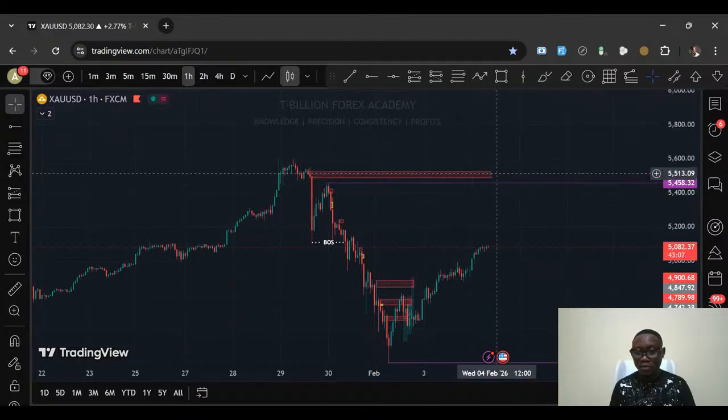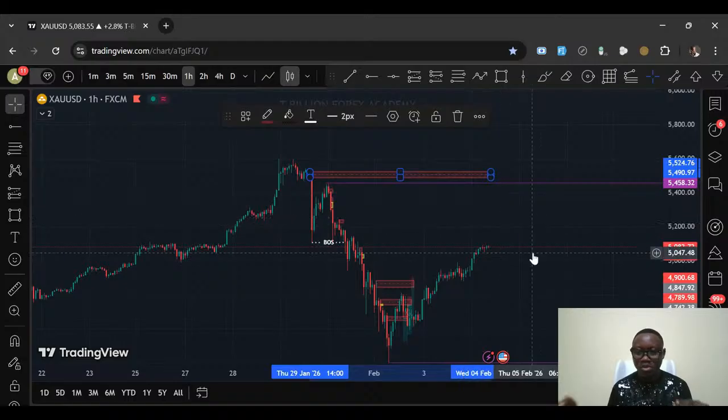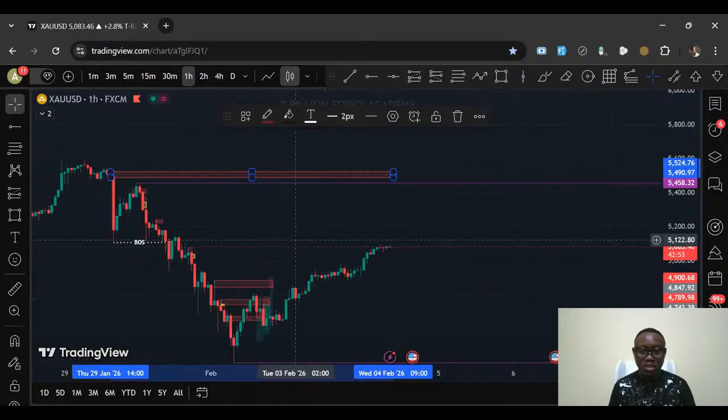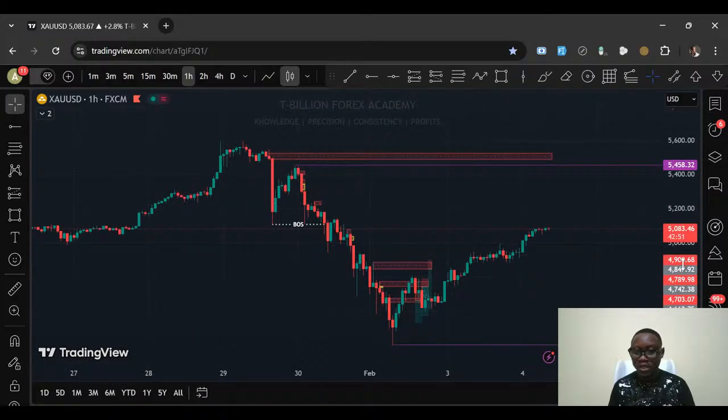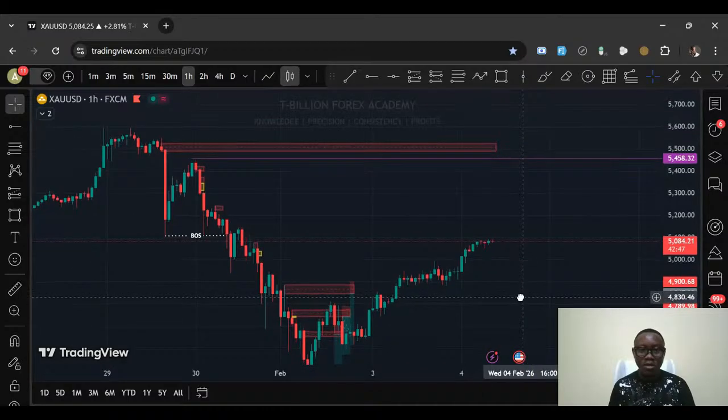That is when I can strongly say that this trend has shifted bullish. Then our bias should be strictly bullish. But for now, you can still catch both sell and buy opportunities from this move.